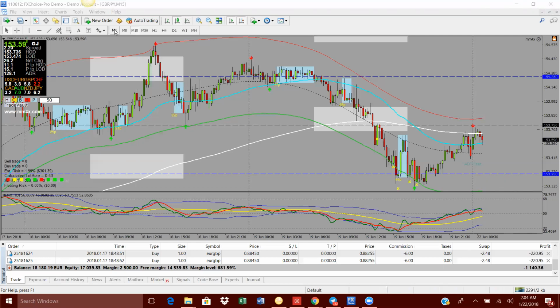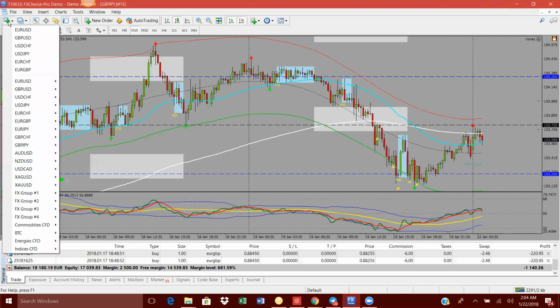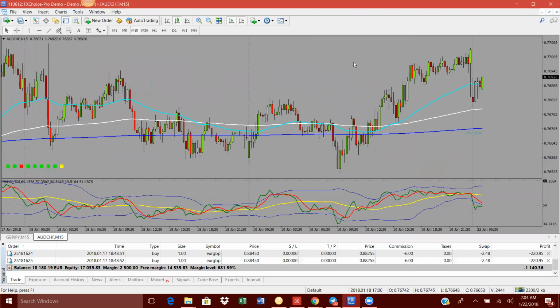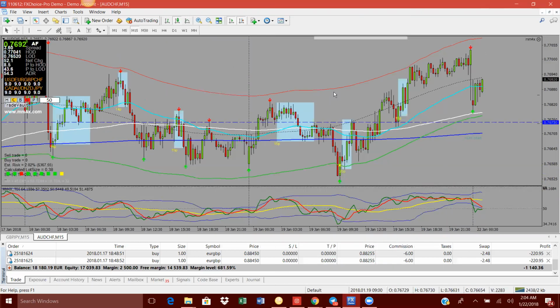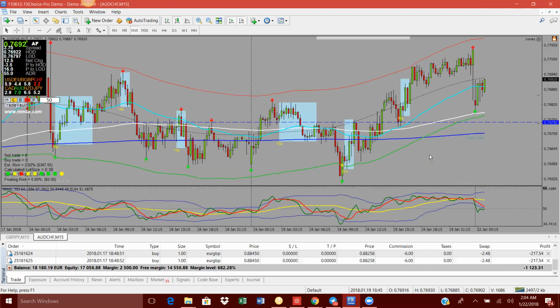Can you open the chart just to confirm this matrix? Trend matrix, Australian dollar versus CHF, you got it. I just want to see if they are right. Yeah, they're right. The price is going up.